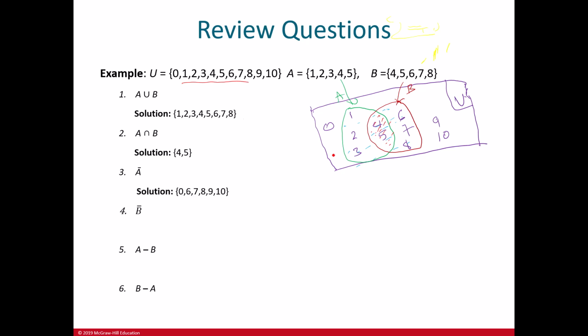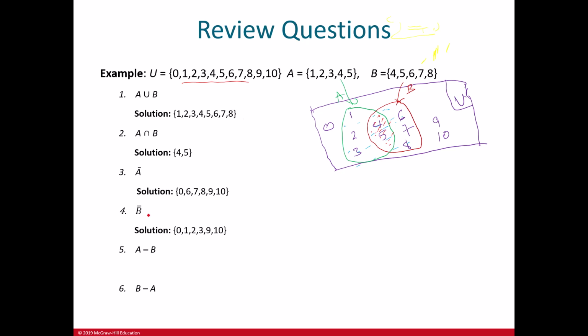Let's see what those are. It's 0, these belong to U, the bigger set, 9, 10, and the elements that are in B but not in A, so 6, 7, 8. How about the complement of B? It's going to be all elements that are outside of the red line. Anything outside the red line will be the complement of B.